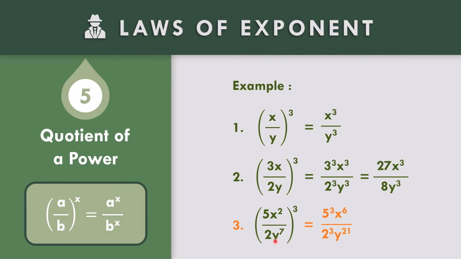And then the denominator 2, 1 times 3, that is 2 cubed. Copy the base y, 7 times 3, that is equal to 21. So 5 cubed, we need to multiply 5 3 times. So 5 times 5, 25 times 5, that is equal to 125. Copy x to the 6, while 2 cubed, 2 times 2, 4 times 2, that is equal to 8. Copy y to the 21.